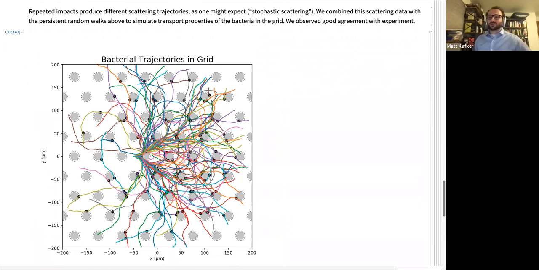So you can ask questions like, over really long time and length scales, is this system just diffusing? Is it exhibiting super diffusive behavior, or what exactly is going on? And these simulations agreed pretty closely with what the actual bacteria were doing. It's kind of neat. It didn't end up with a publication, but that's just because I graduated college, so I didn't have time to finish this, but it was pretty fun to work on.